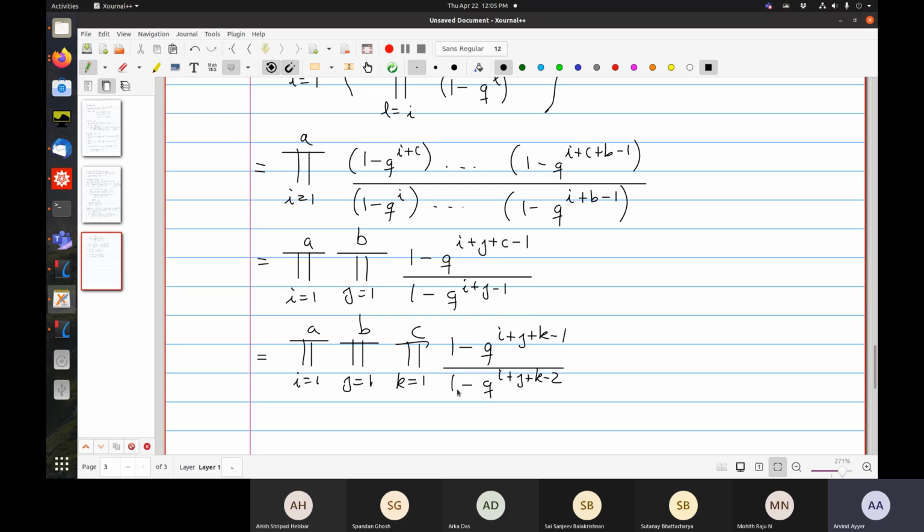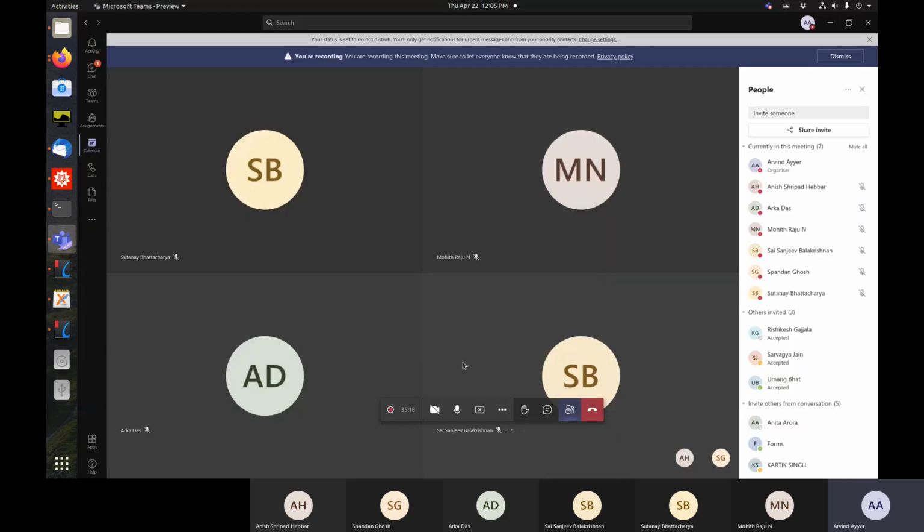If you just expand all of these terms out, the denominator will only survive for k equals 1, and so I'll get I plus j minus 1, and the numerator will only survive for k equals c, and I'll get I plus j plus c minus 1. And this is exactly the box. Okay. So everything works out perfectly, and we get the right answer.